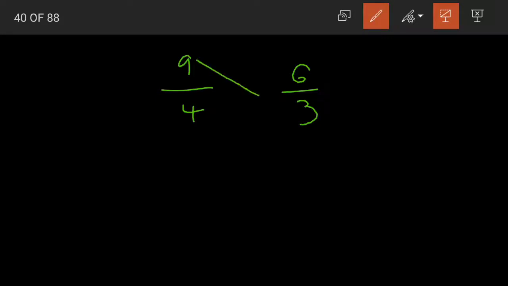The numerator of the first is multiplied by the denominator of the second. We've already done it for, what was it, children? Yes, when we had to find out the equivalency, we cross multiplied. The same is applied here. The numerator of the first multiplied by the denominator of the second.